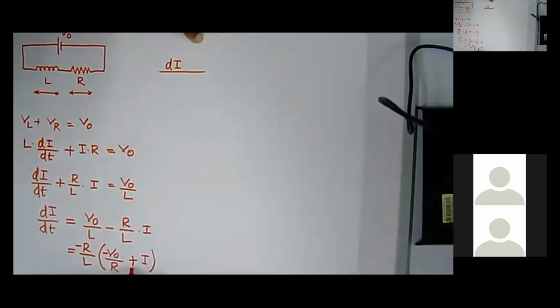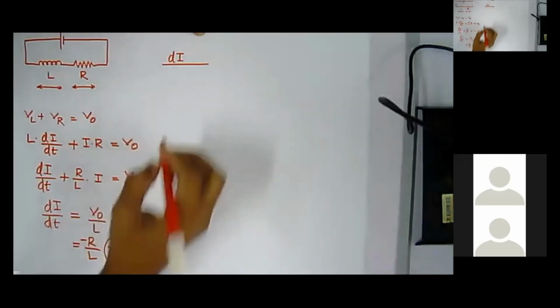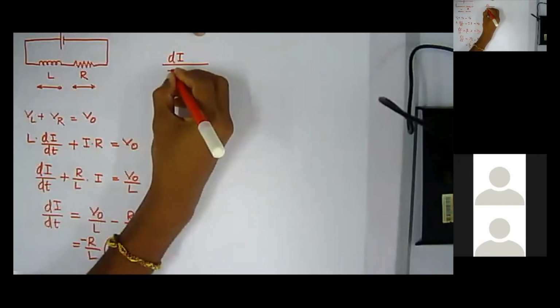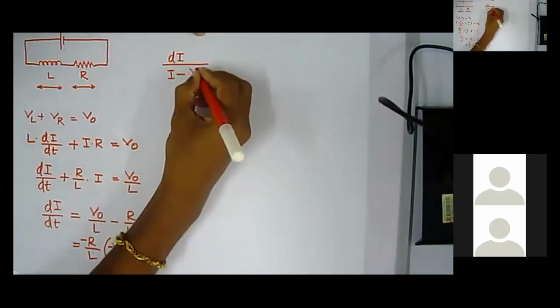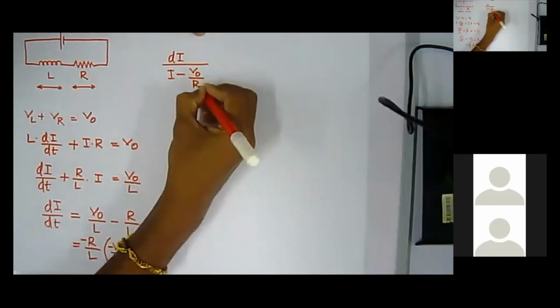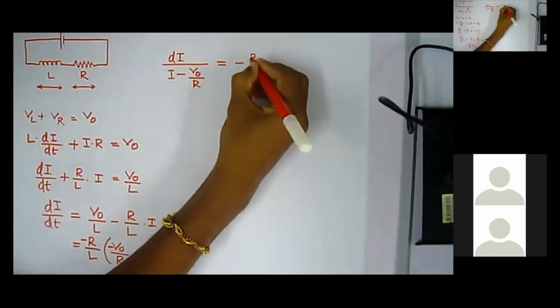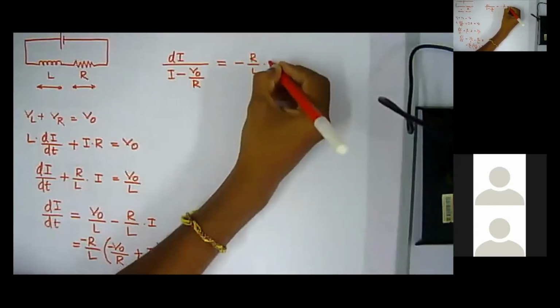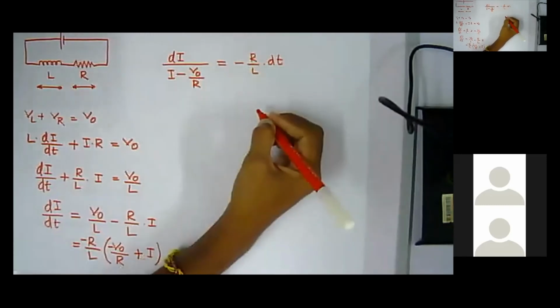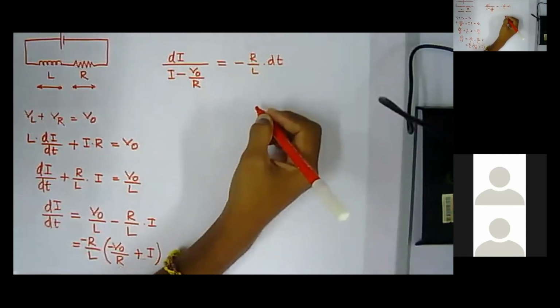So this becomes I minus V naught by R, and di by I minus V naught by R equals minus R over L into dt.